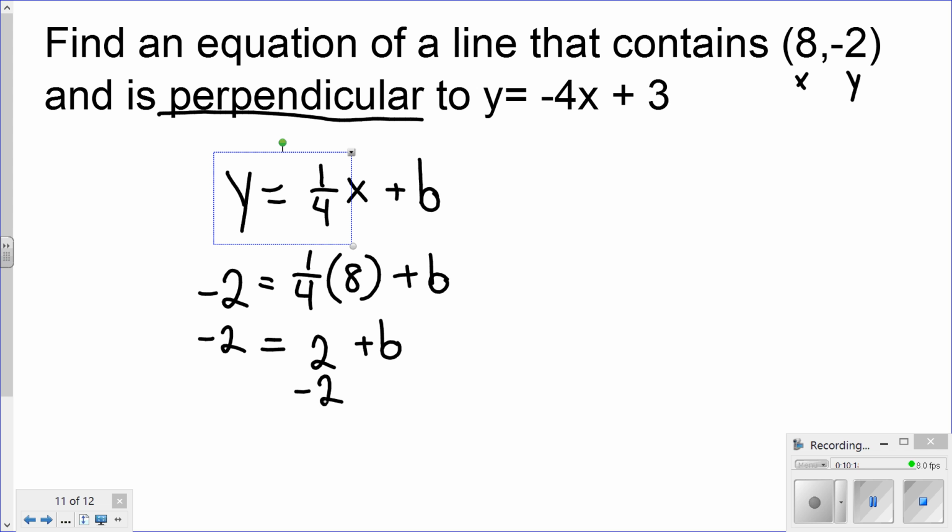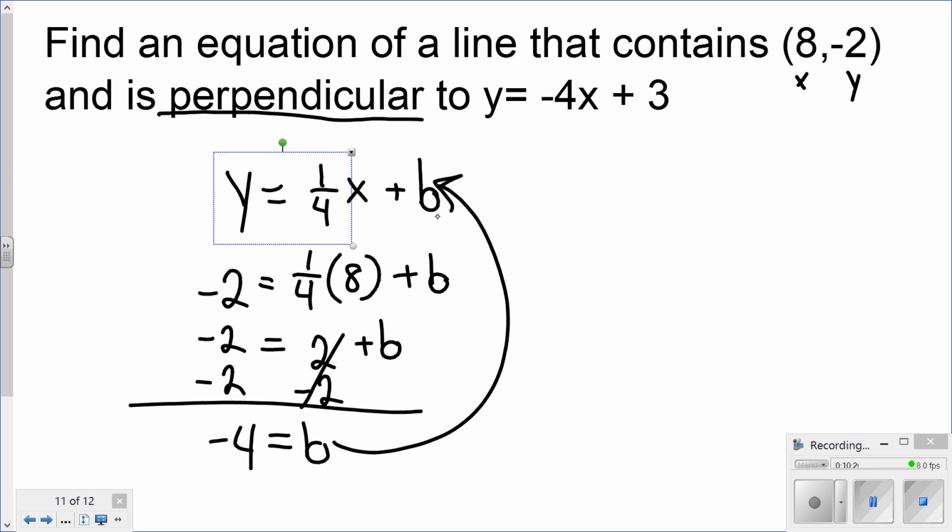Solve for b, subtract 2 from both sides. b equals -4. Plug it in. y equals 1/4 x minus 4.